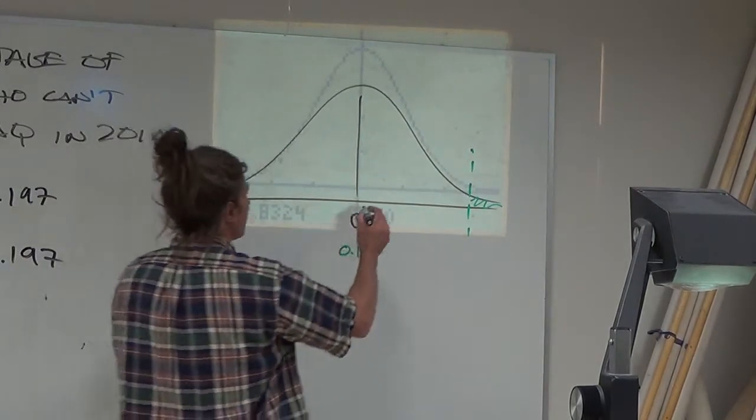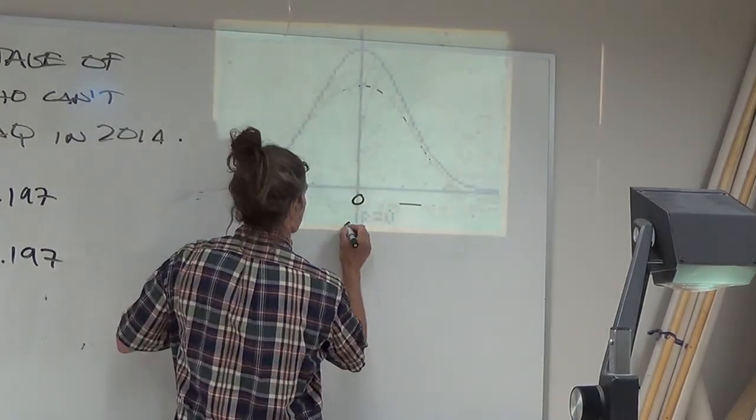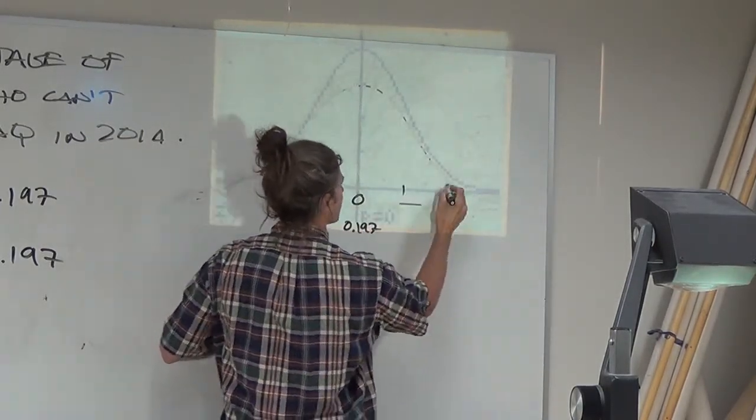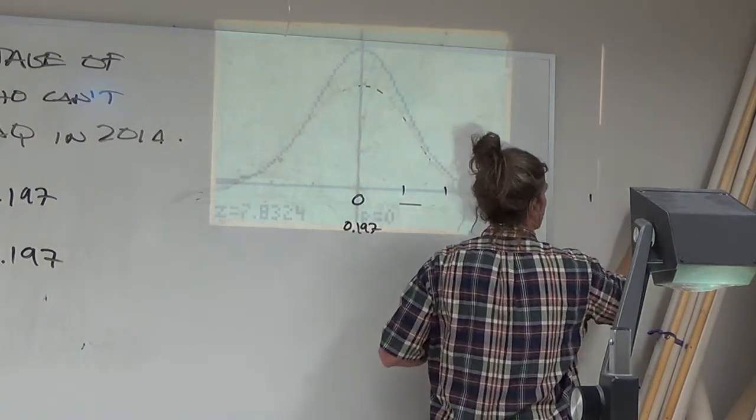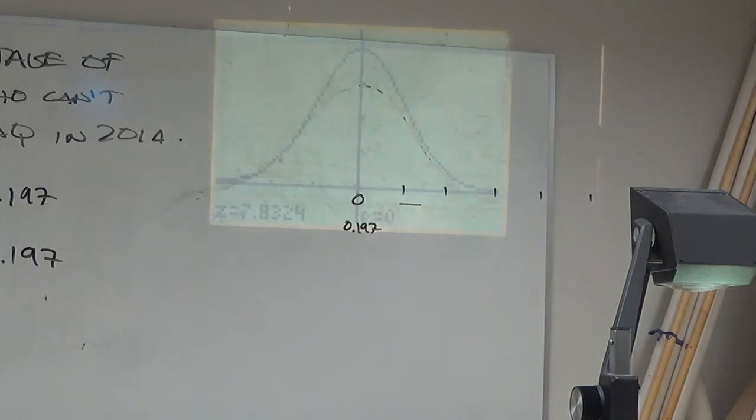So here's 0, 19.7%. 1, 2, 3, 4, 5, 6, 7.8. We're over there. Now, we might be on that curve, correct? There's a chance that we're on that curve. What is the chance that we're on that curve according to our machines? 0.